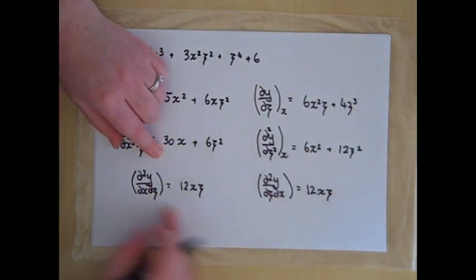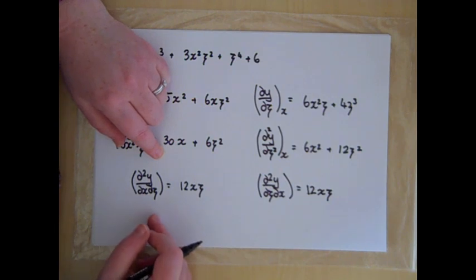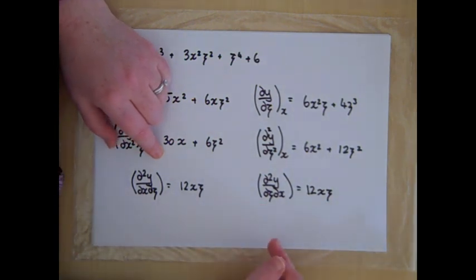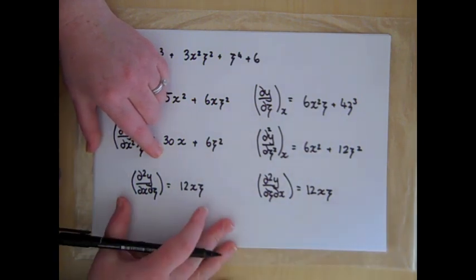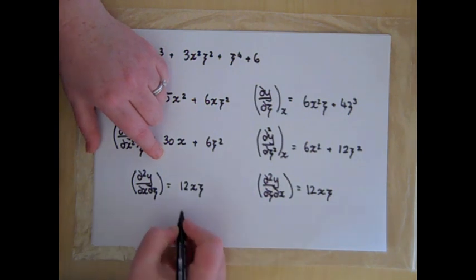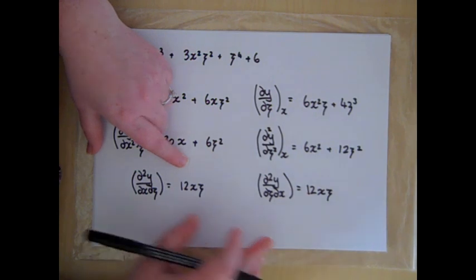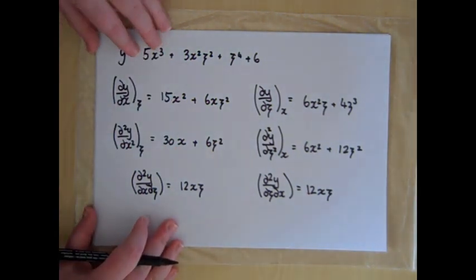And we can see that these two terms are identical. When we double differentiate, it shouldn't matter the order we do it. It's commutative. It doesn't matter the order we double differentiate. And so we can show that these two are the same thing. And that's the important thing that matters.